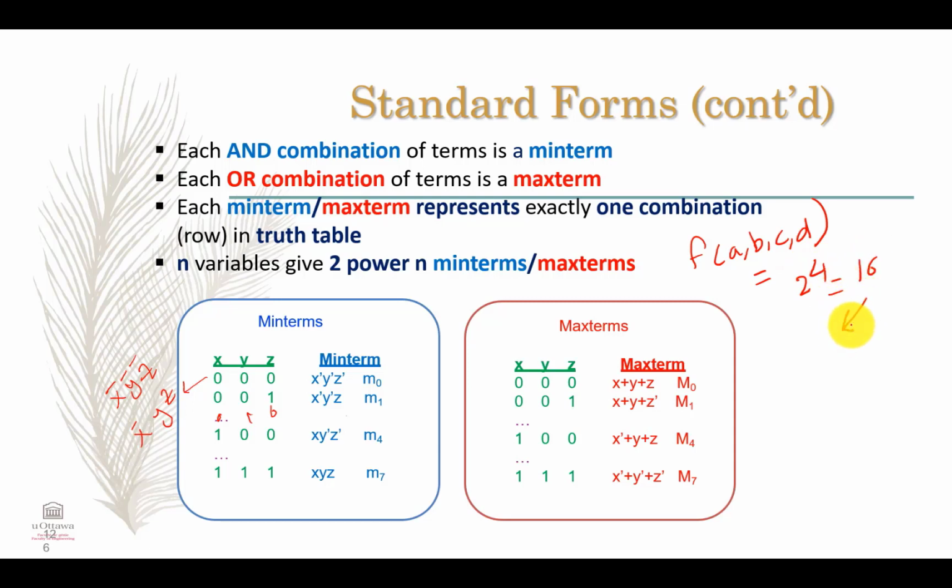So you will have 16 minterms, where M0 can be described as A prime, B prime, C prime, and D prime, and M15 will be represented as A, B, C, D, okay?